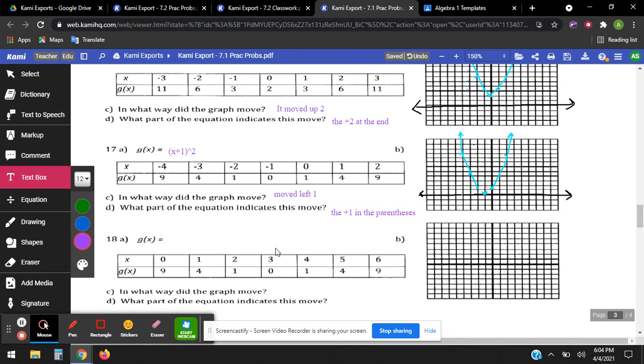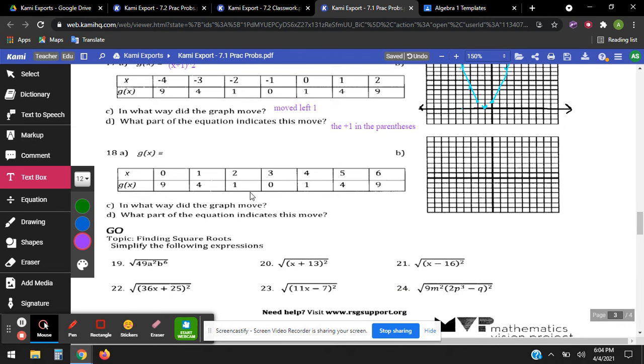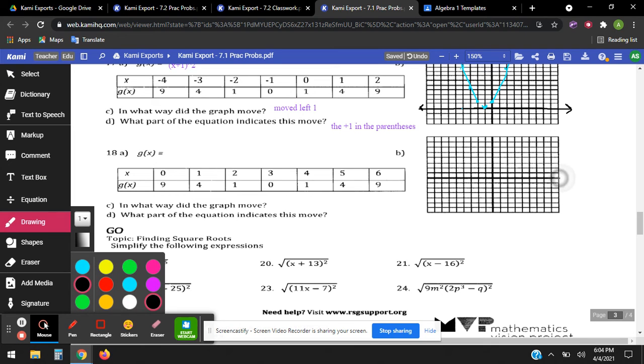All right, so let's see what this one's doing. Okay, so here we are going to graph these again. Oh, I can kind of see my dark line on here. So I'm going to go ahead and go with this line. It's pretty dark. Okay, so 0, 0, 9. 1, 2, 3, 4, 5, 6, 7, 8. I don't have 9 on here.